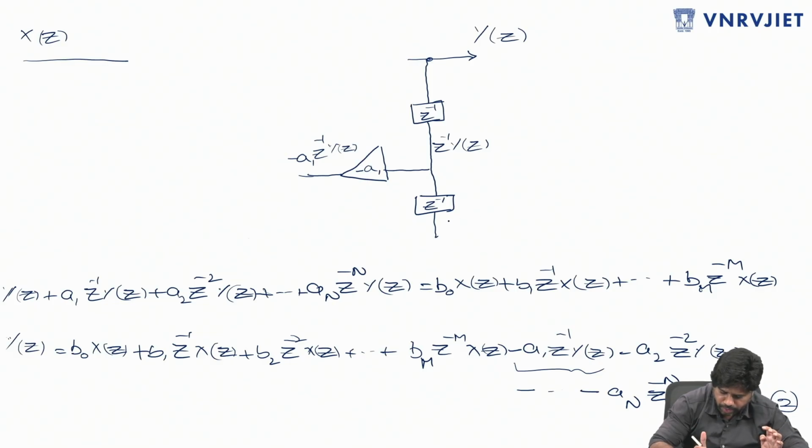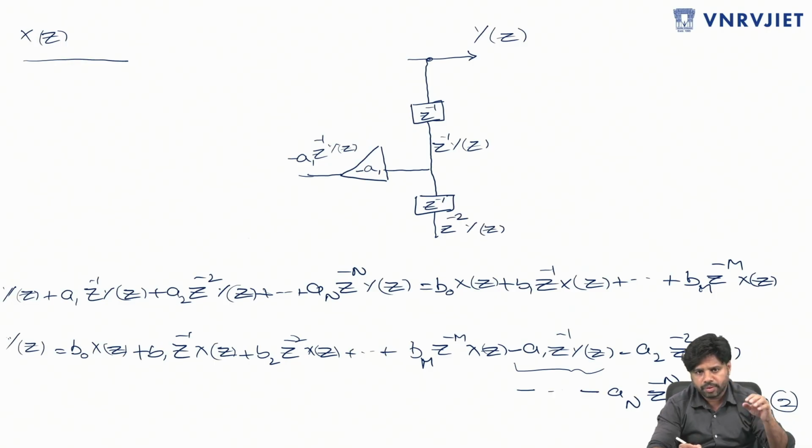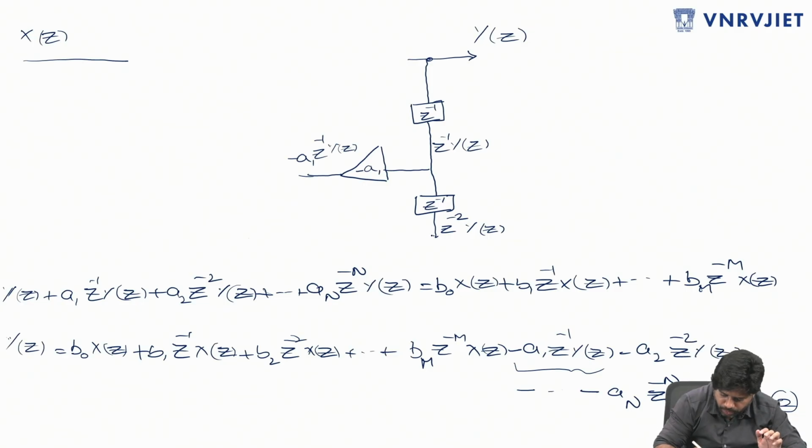Next, here the output will be z power minus 2 y of z. Now the output at this stage is z power minus 2 y of z, and the missing value is minus a2 constant multiplier.